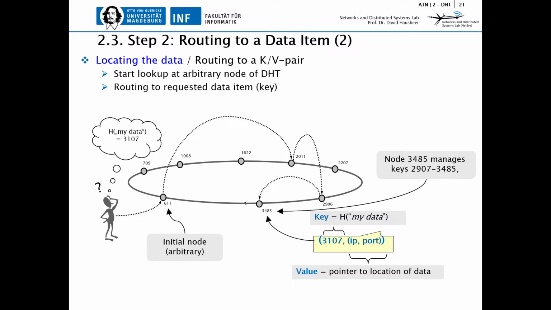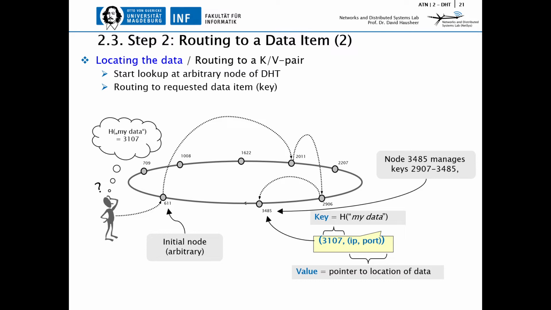Now the second step, as mentioned before, is the actual location of a data item. This is essentially a routing mechanism that routes a particular query to the corresponding key value pair that a particular node is interested in.